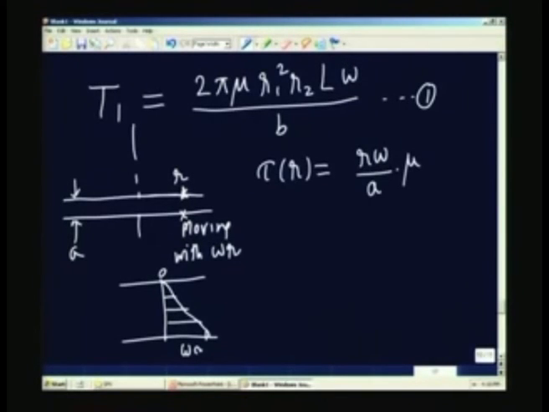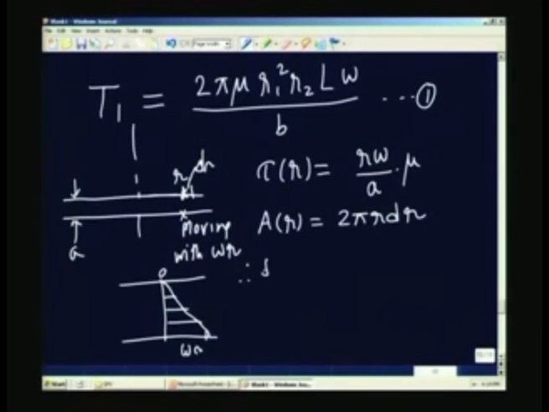And for this shear stress, we can take a small length dr over which this is the value. So, what is the area over which it occurs? Area as a function of r is given by 2 pi r dr.